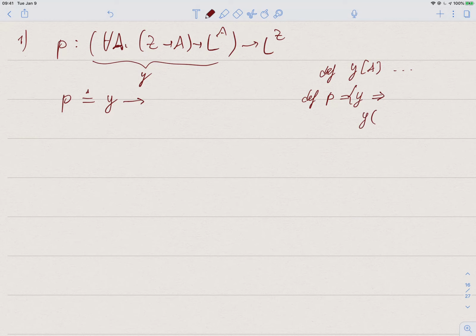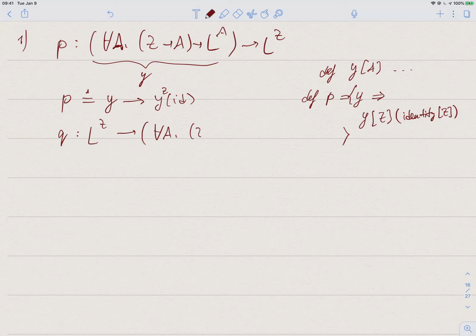First of all, let me indicate here type parameter Z, and then the function Z to Z. Well, let's give it identity of type Z to Z. The result will be L of Z, and that's what we want to return. And in the short notation, I can just write it like this, indicating the types. Now the function Q from L Z to this complicated type.